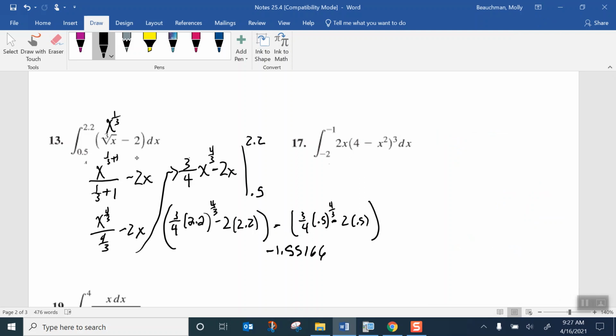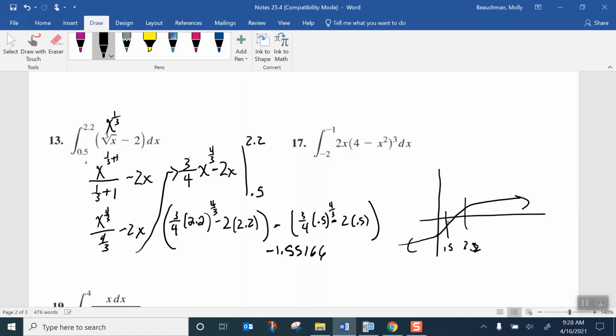So that means the area, how did we end up with a negative? Whatever our function looks like, this is the cube root of x minus 2, so it's going to look something like, I don't know, something like this, from 0.5 to 2.2.